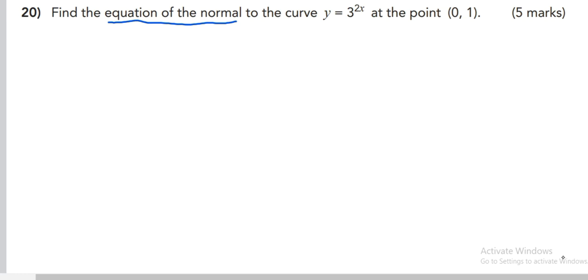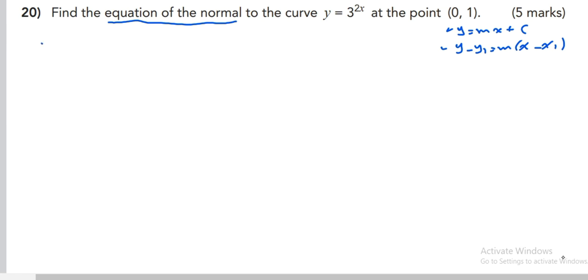The two forms of the equation of a line are y equal mx plus c, or y minus y1 equal m multiply x minus x1. So after finding the gradient, you can use any one of them to write the equation of the normal or tangent.